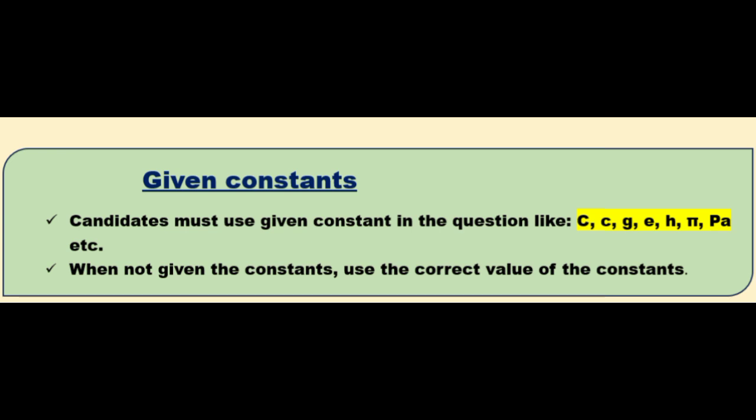In other words, for example, if you're not given pi, you still know pi is 22/7. So you just replace 22/7. Maybe you're not given e, charge of an electron, but you know charge of an electron is 1.6 times 10 raised to negative 19 coulomb. So you can still replace the value even if you're not given, but you must check whether you are given.